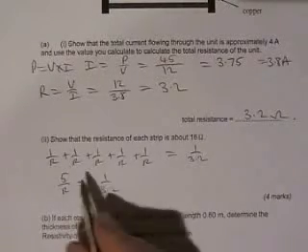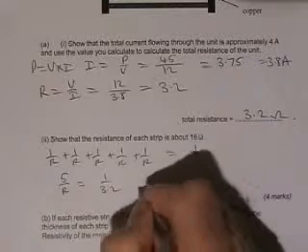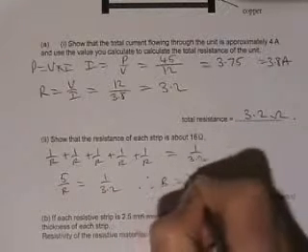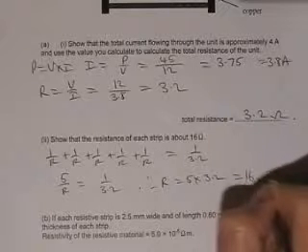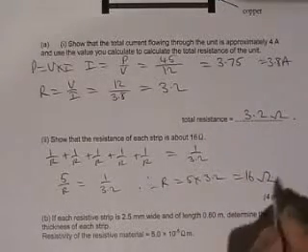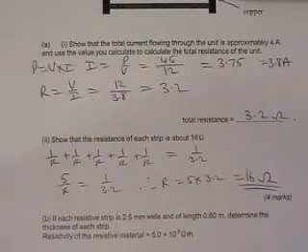If we arrange that equation by bringing the 3.2 up, so you've got 5 times 3.2 divided by R equals 1, so 5 times 3.2 equals R. R equals 5 times 3.2 equals 16 ohms. So we've shown that each strip's got to be 16 ohms. That's what we're supposed to do.